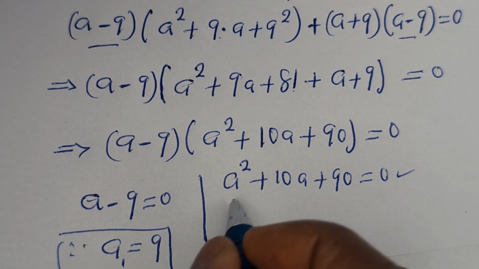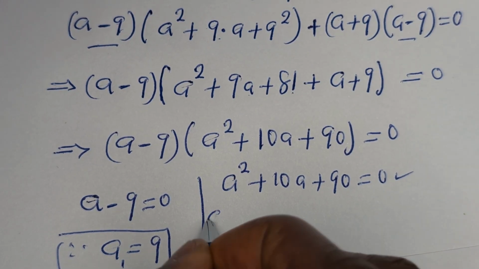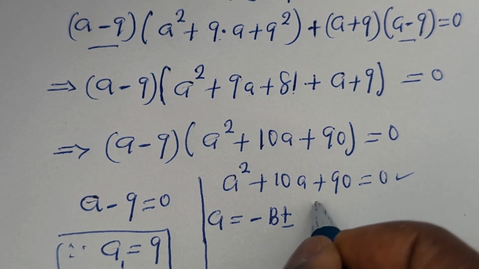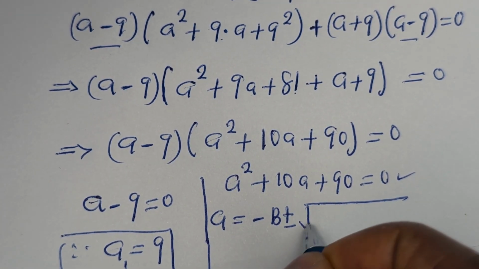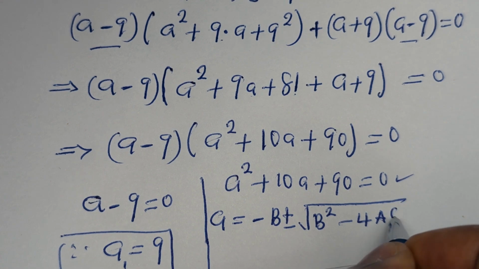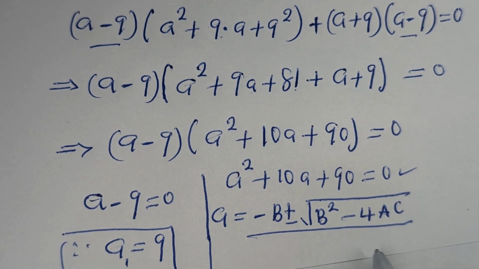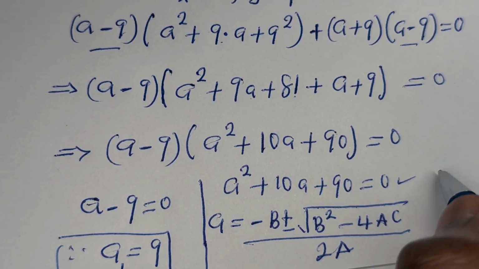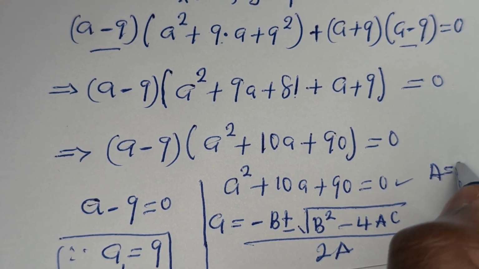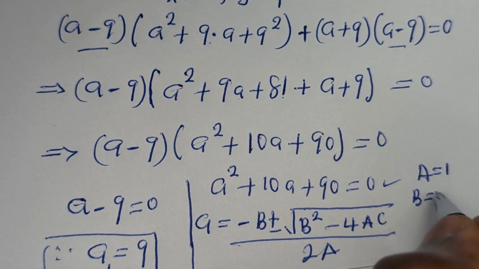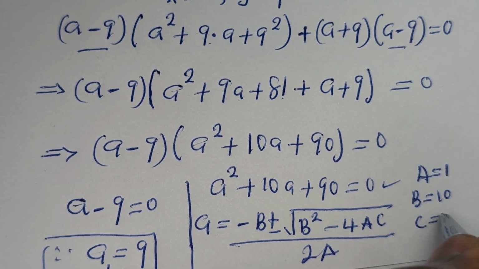This is a quadratic equation which can be solved using the quadratic general formula. Our quadratic general formula here is giving us a is equal to minus b plus or minus square root of b square minus 4ac over 2a. And from this equation, a is equal to 1, b is equal to 10, c is equal to 90.